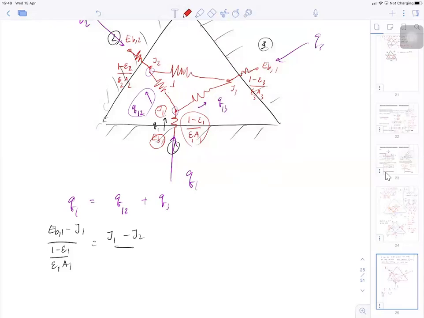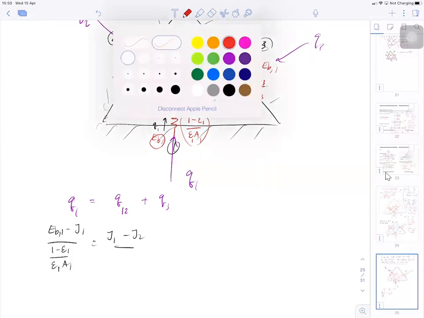This is the radiation resistance, actually 1 over A1 F12. And this is going to be 1 over A1 F13, okay? And this is going to be 1 over A2 F23, okay? So I put it here.